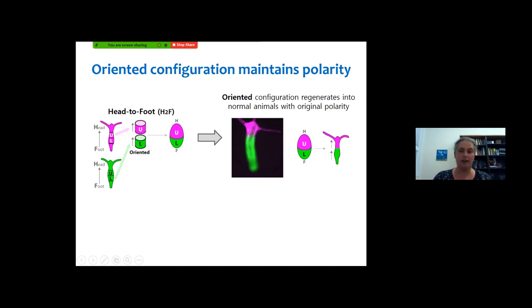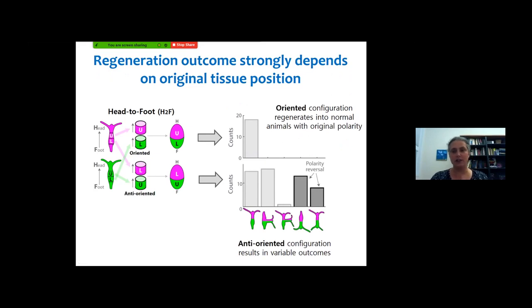When we look at the anti-oriented configuration, we see that the regeneration outcomes are very variable. The system has much more trouble establishing polarity. In some cases, we have a head growing on the original head-facing sides, but in other cases, we have heads in the middle, and we even have situations where both rings flip polarity.